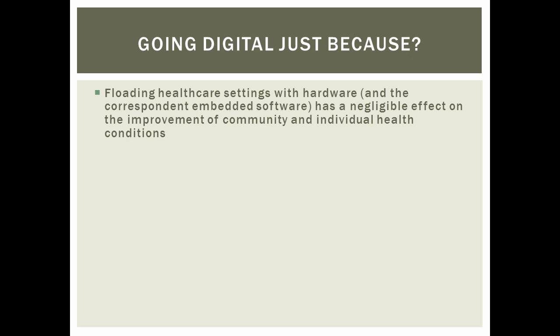The real function of a healthcare system is to improve the outcomes in an individual and in a populational basis. So we want to expand the lifespan of individuals, and we want to expand the life expectancy of populations.